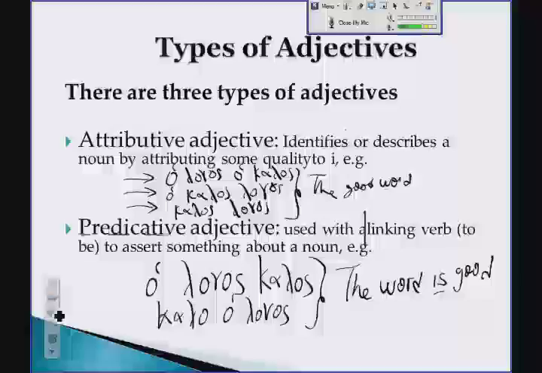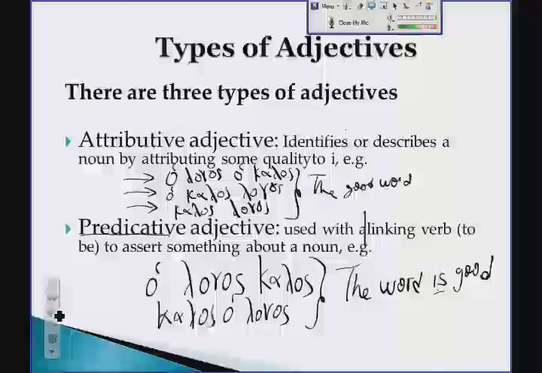And there you have your copular verb, is. The word is good. It's no longer the good word. Okay? It means the same thing, but the constructions differ. And this is simple. Here it's kalos, ne? Yeah.